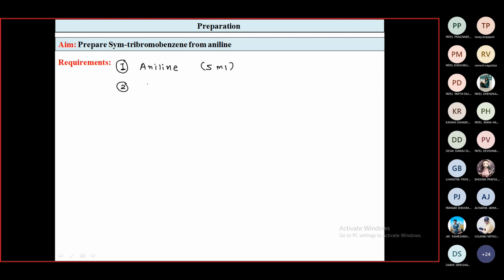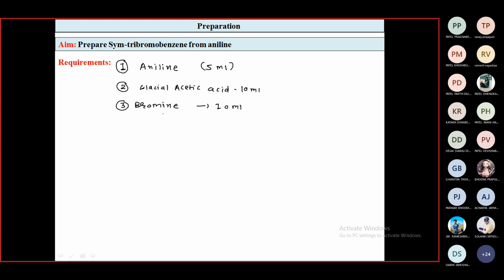Second is glacial acetic acid. The main reagent is again aniline. From aniline you are getting the bromo derivative. Bromine you require as a brominating agent, for bromination it is 10 ml.